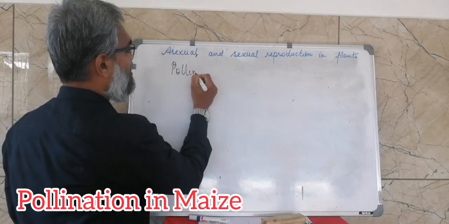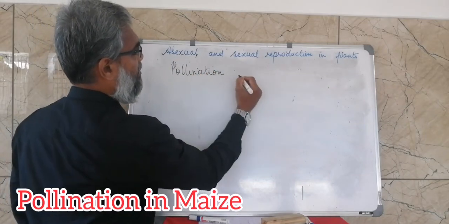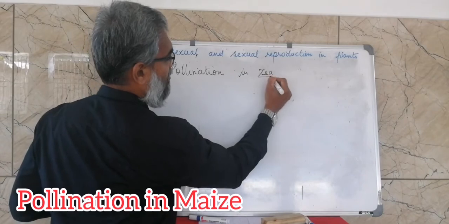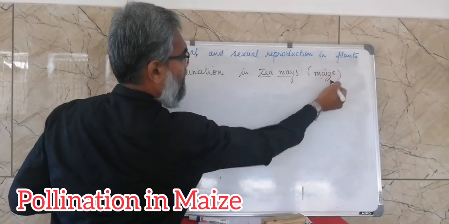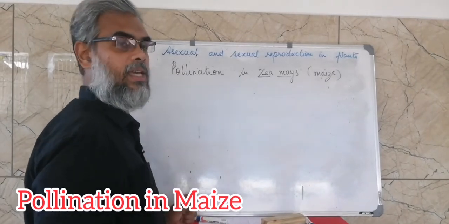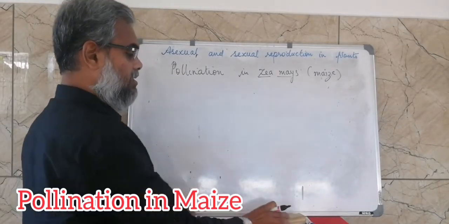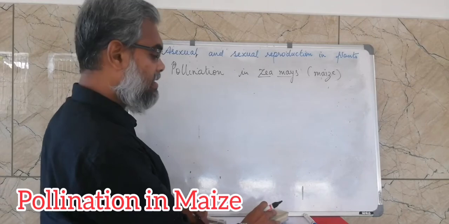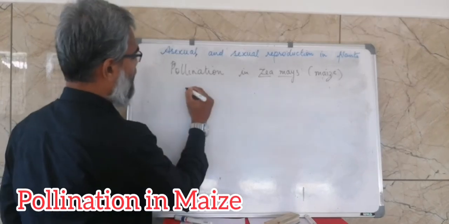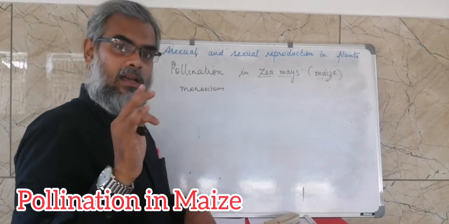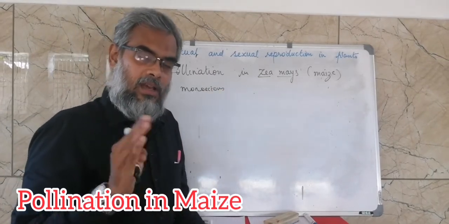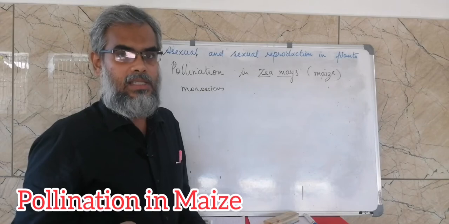Pollination in Zea mays, that is maize. So you imagine, I said that maize is a monoecious plant, as we know. That is, two flowers, male flower and female flower will be present.